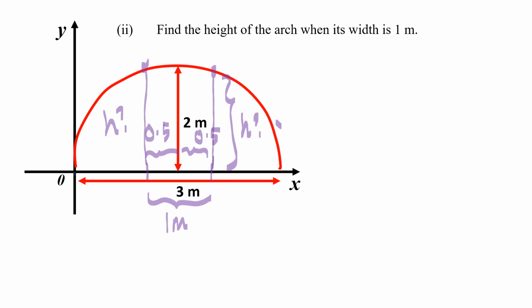Remember the formula that we found earlier on? It is the formula for your quadratic function, and this x represents the horizontal distance from your origin.